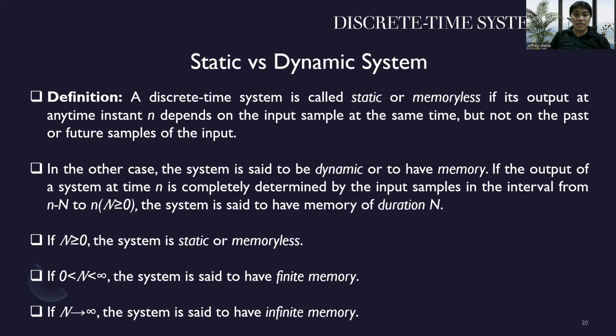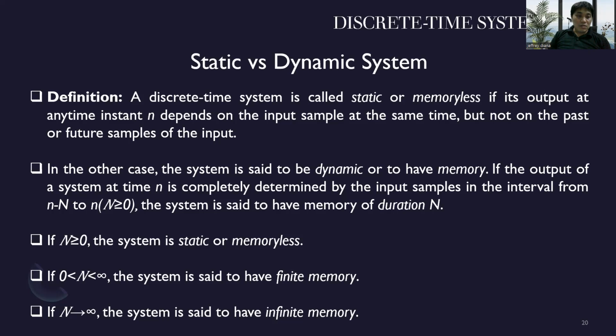In the other case, the system is said to be dynamic or to have memory if the output of the system at time n is completely determined by the input samples in the interval from n minus N to n, where N is greater than or equal to 0. So the system is said to have memory of duration N. If N is equal to 0, the system is static or memoryless.